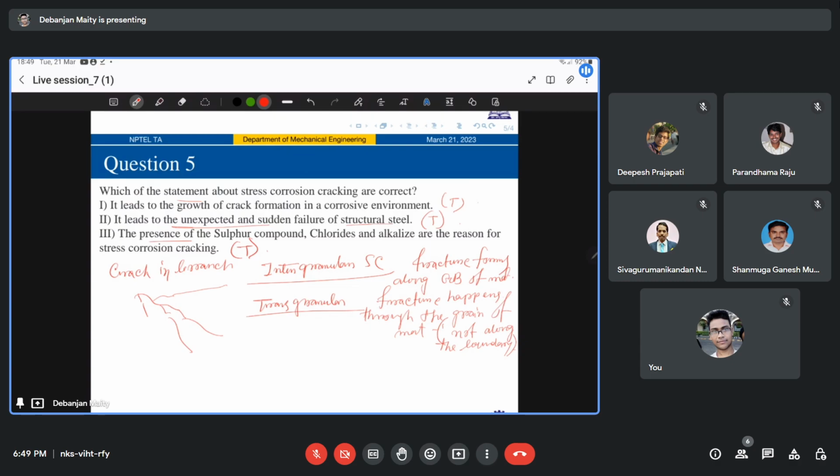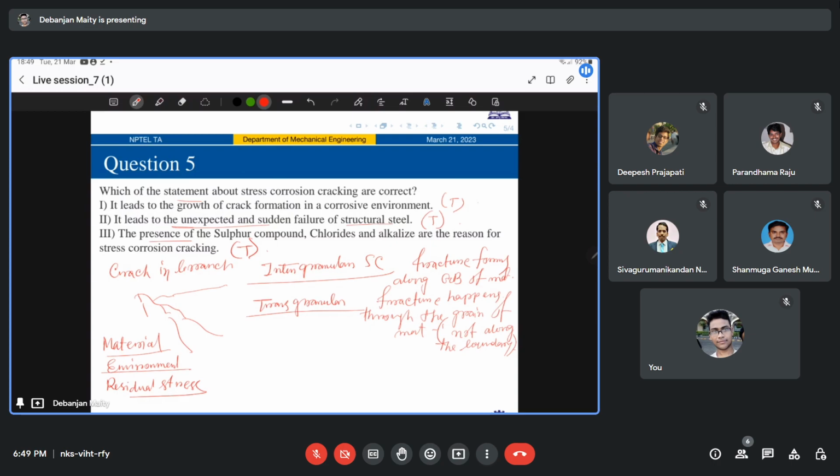Now, what causes stress corrosion cracking? There are basically three main factors that work in combination to cause stress corrosion cracking. There can be some effect of material, there can be effect of environment, and what else? There can be some effect of residual stress, some internal stress generated during welding, right?